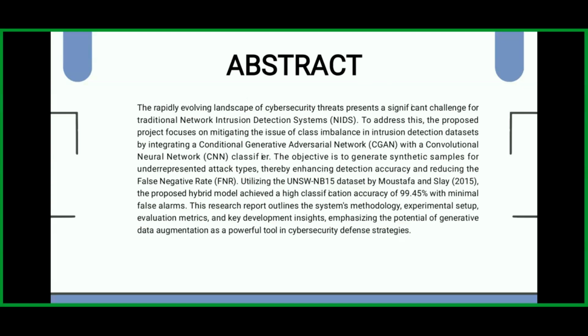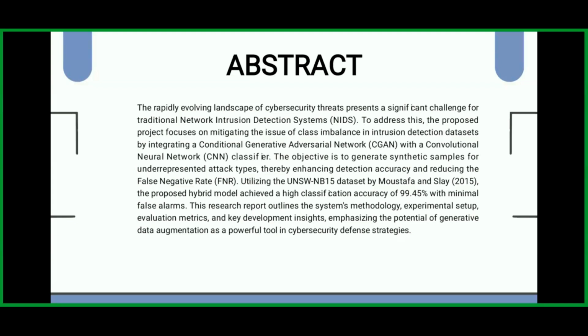After that, we used the CNN to improve the accuracy and reduce the FNR. So the main objective of our research was to reduce FNR and improve accuracy. The previous hybrid model, which was CNN in combination with LSTM, showed 94.45 accuracy, but it had a high FNR, which was the main drawback and the main gap in the previous research.